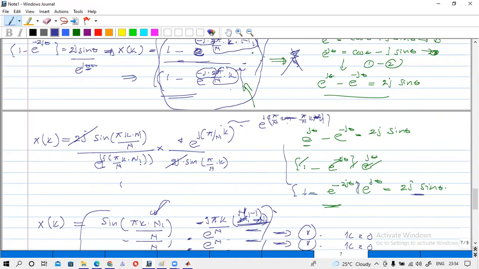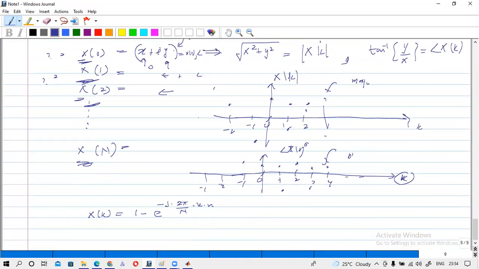Not n, it should be n1 k n1. So xk equals sin of k n1 divided by 1 minus e to the power minus j k 2π/N. I will type this one.